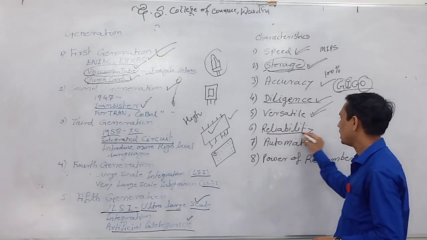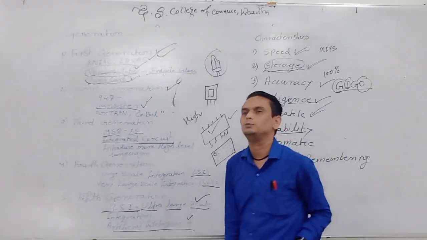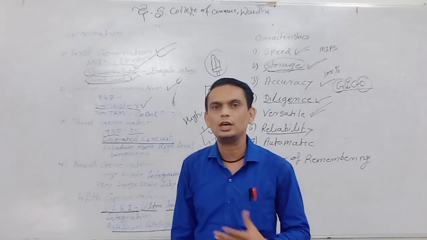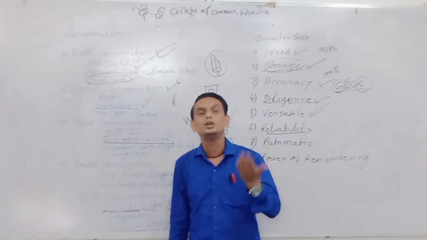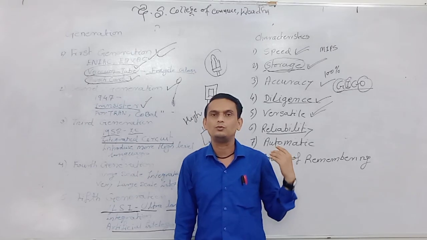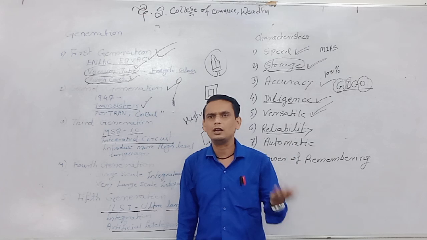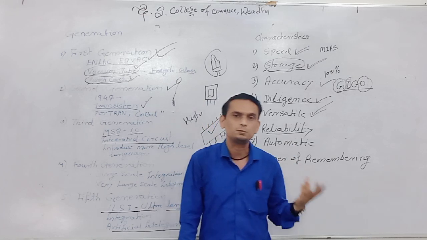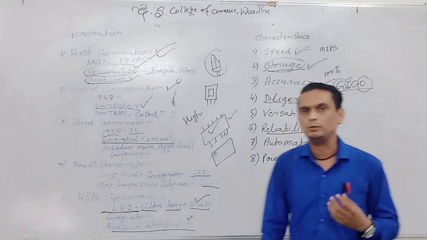Next one, reliability. We can rely on a computer system. If we store data into a computer system, that data can be retrieved anywhere and any time. That means it can work on that data and convert it into the expected output or information.